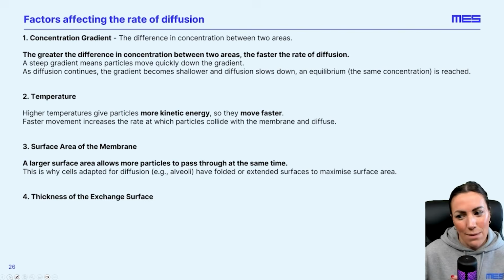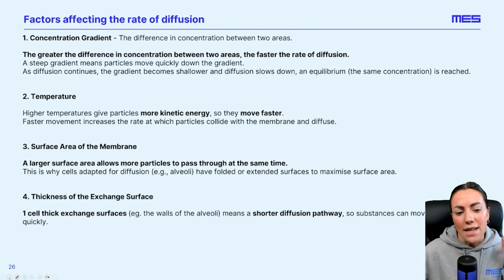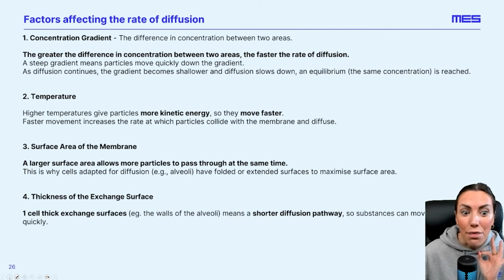The next thing to think about is the thickness of the exchange surface. So if diffusion is taking place over a surface, over a membrane, over a wall, then the exchange surface needs to be thin. If the exchange surface is thin, for example, only one cell thick, like the walls of the alveolus are only one cell thick, that is a short diffusion pathway.